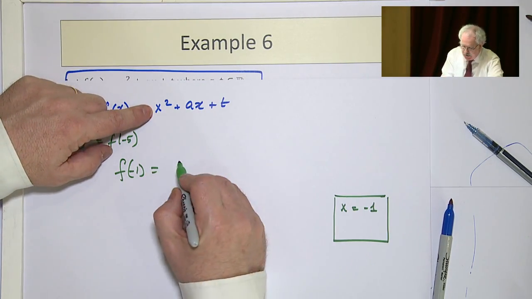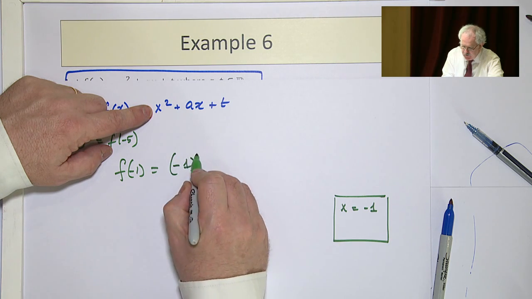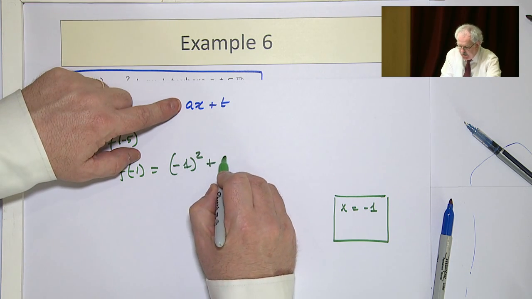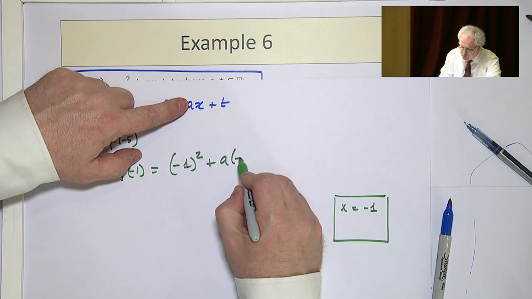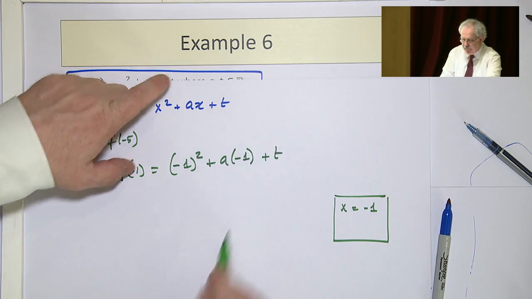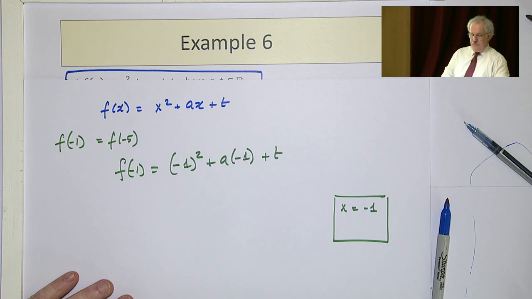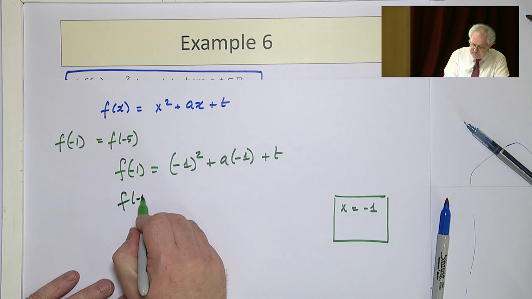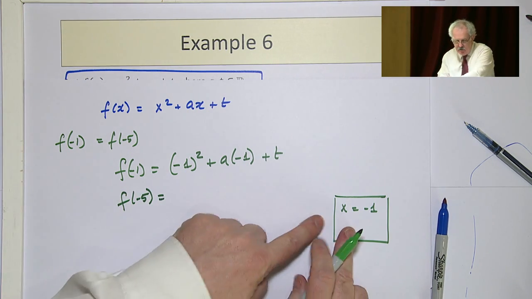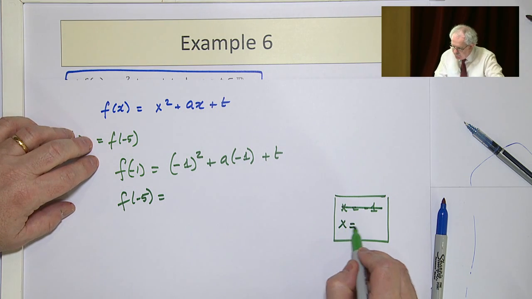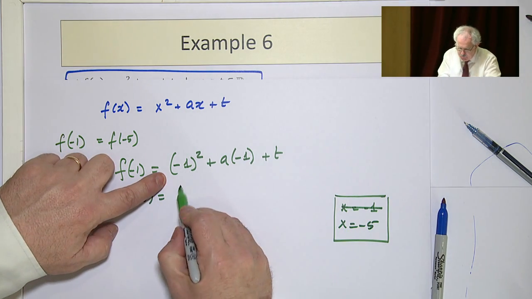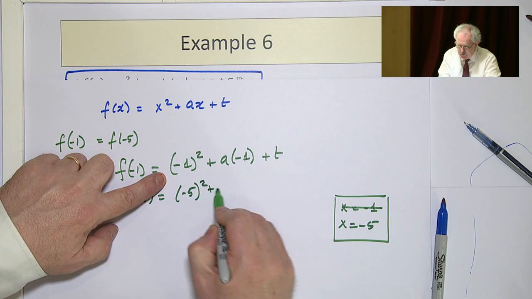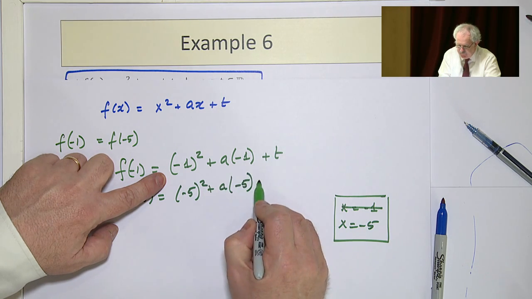So the x squared would be minus 1 squared plus a times x, that's a times minus 1, plus t. And f of minus 5 would be, now x is minus 5, minus 5 squared plus a times minus 5 plus t.